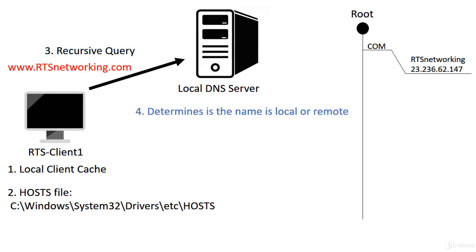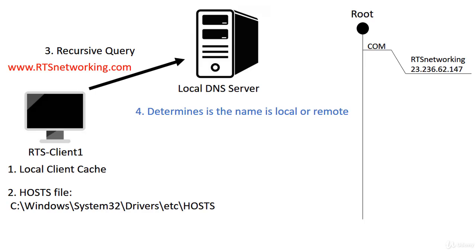So the onus is completely placed on DNS to resolve this name. The DNS server itself, the first thing it will do is determine if the name you are connecting to is a local name or if it's a remote name. A local name means the name you're trying to resolve is a name that's in the domain that you're actually in.